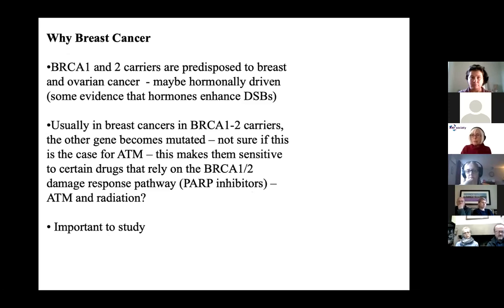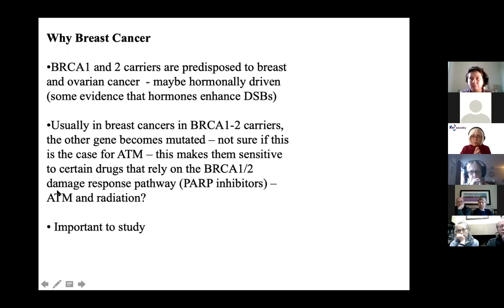And by treating with these drugs where to survive you need that pathway, you can selectively kill those particular tumors, and that's done together with radiation as well. 9 times out of 10, the tumors change because they're addicted to mutation and overcome that, but at least it is working pretty well. So the question is, what happens with ATM?